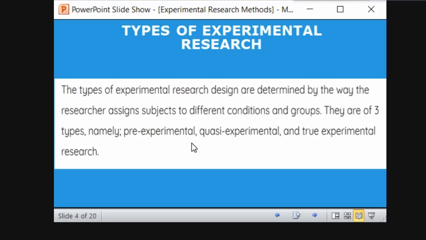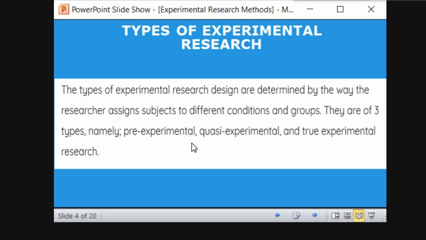Okay. So what are the types of experimental research? They are determined by the way the researcher assigns subjects to different conditions and different groups. So remember the plant example. One is exposed to sunlight, one is not exposed to sunlight.